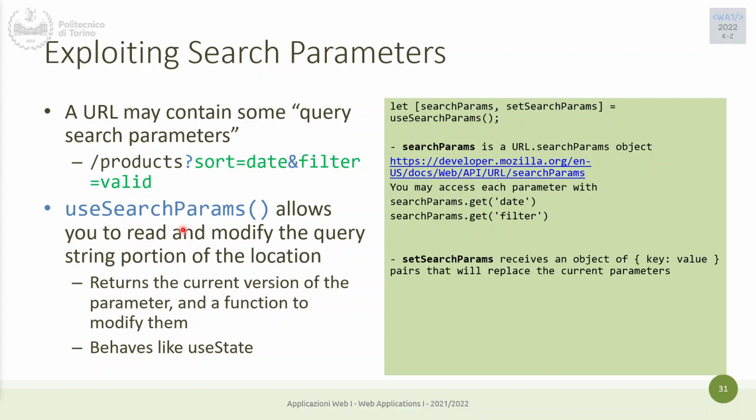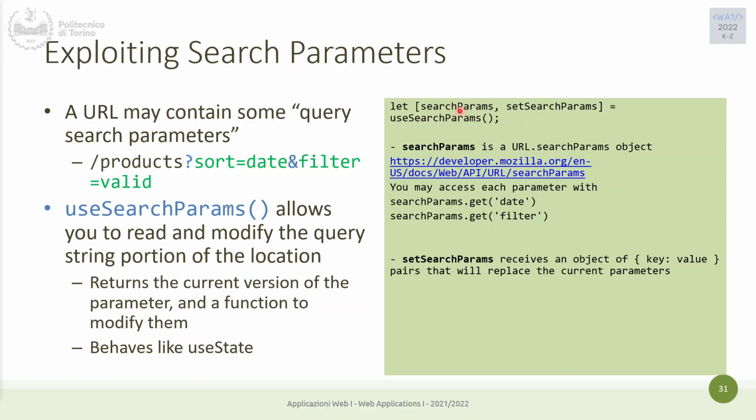We can get these search parameters using this hook, which is called simply useSearchParams. This hook allows you to read and modify the query string of the location. So it returns the current version of the parameters and the function to modify them. It's very, very similar to useState. So you can see in the example, here is written let, we suggest you to use const, but it doesn't matter.